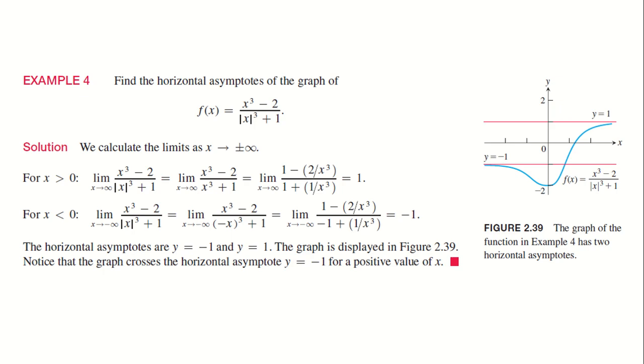Now here an example. We are given a function and we have to find the horizontal asymptotes of the graph of f. We are given the function f of x equals x cubed minus 2 by modulus x cubed plus 1. So we calculate the limit as x tends to positive infinity and negative infinity.